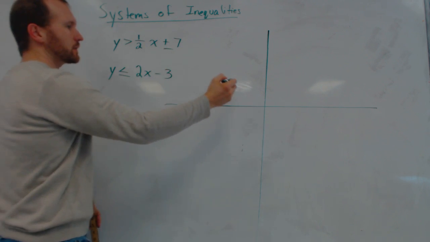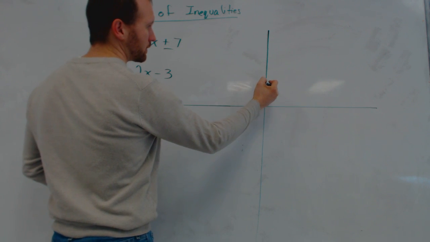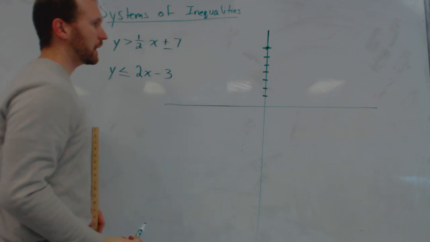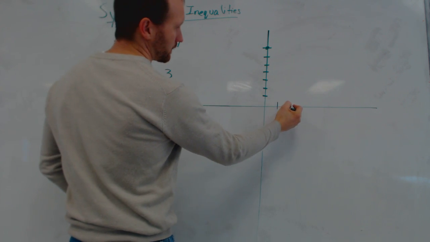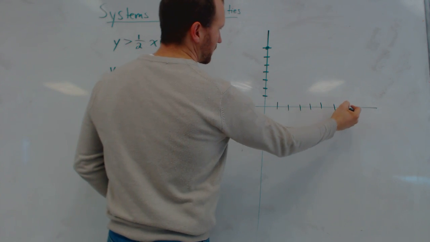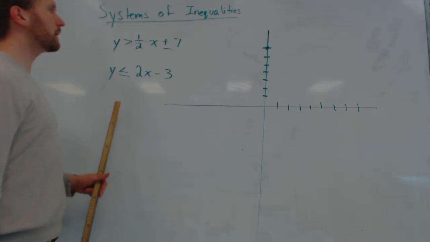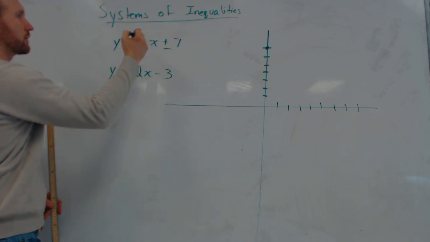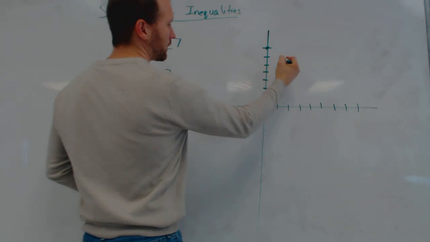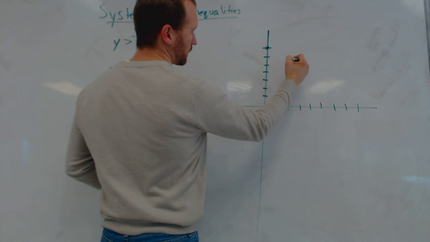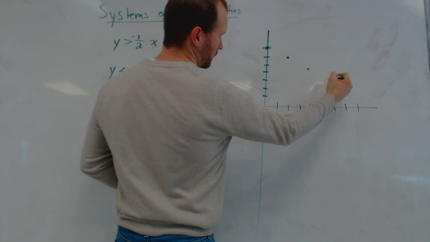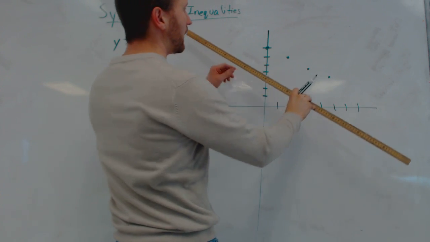So I look at my intercept: 1, 2, 3, 4, 5, 6, 7, with a dot. And then I look at my slope. Oh, sorry, I meant to make that negative 1/2. Down 1 over 2, down 1 over 2, down 1 over 2. And we have a line.